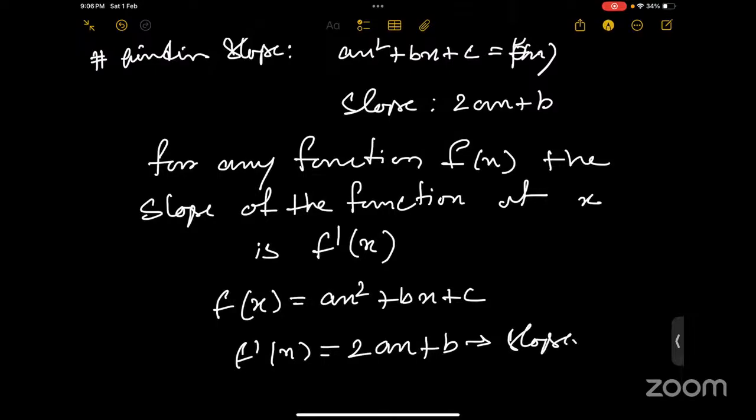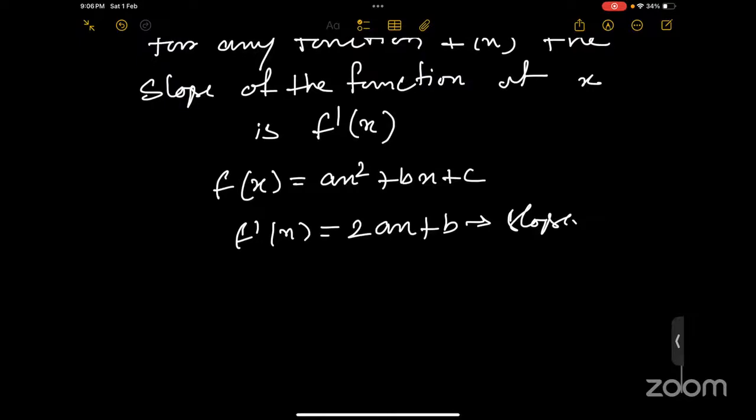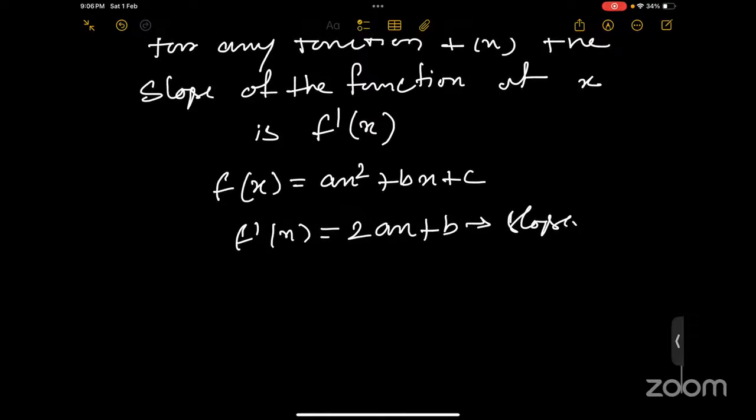Okay. Yes, ma'am. Anything else? Any other thing do you have? The slope of any quadratic function is also a derivative of the function. Ma'am, can you say again? The slope of any quadratic function is also a derivative of this function.